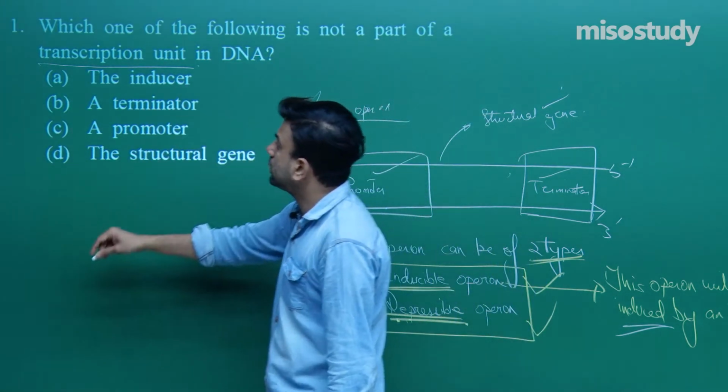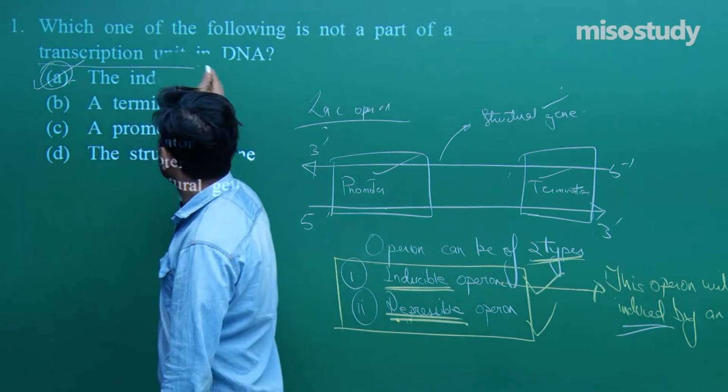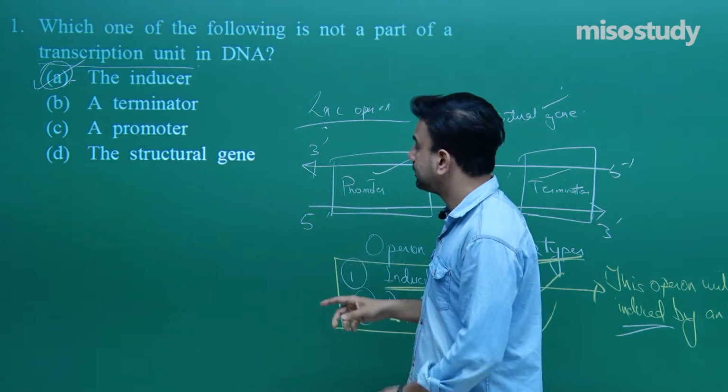So the inducer will be the option here which is not in the transcription unit.